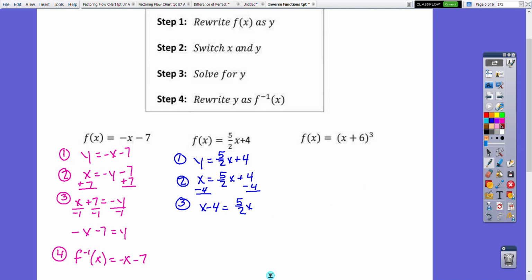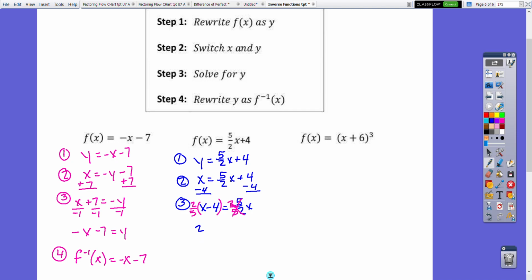All right, so now 5 halves y, that's multiplication. How do I undo multiplication? With division. So I have to divide by 5 halves, which is the same as multiplying by the reciprocal. So here, those things cancel out. What I do to the right, I've got to do to the left. So I'm multiplying by the reciprocal, 2/5. So here we go. And now I'm just going to distribute.